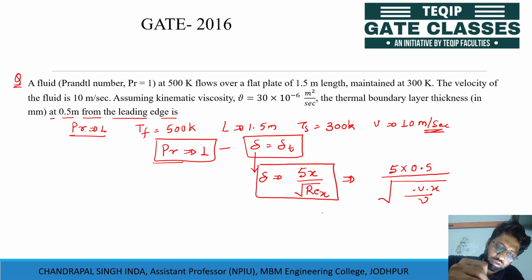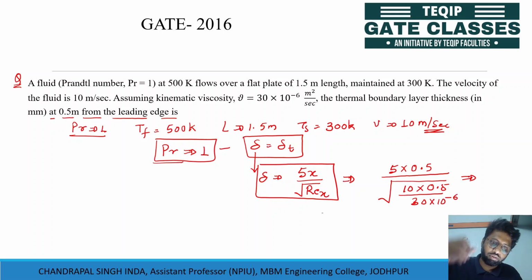The value of velocity is given and the value of x is also given, so we can put the values: velocity into 0.5 into 30 into 10 to the power minus 6.